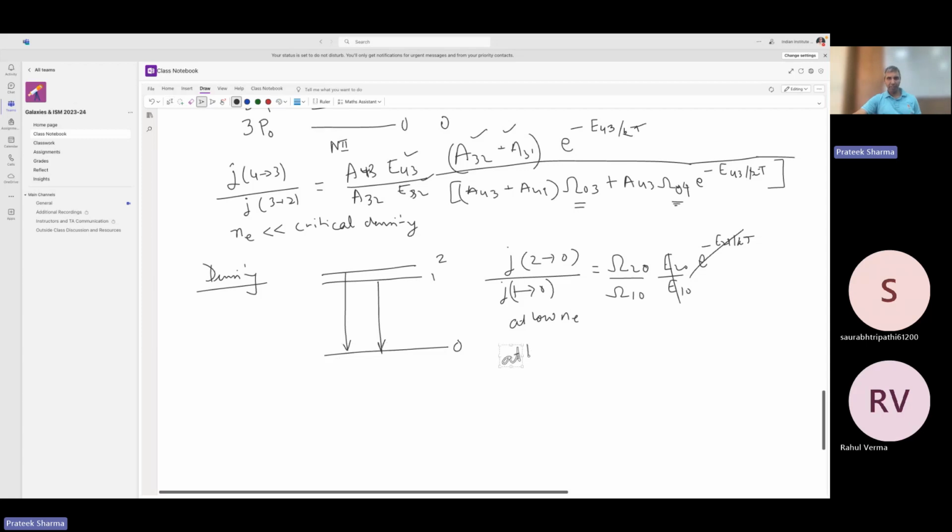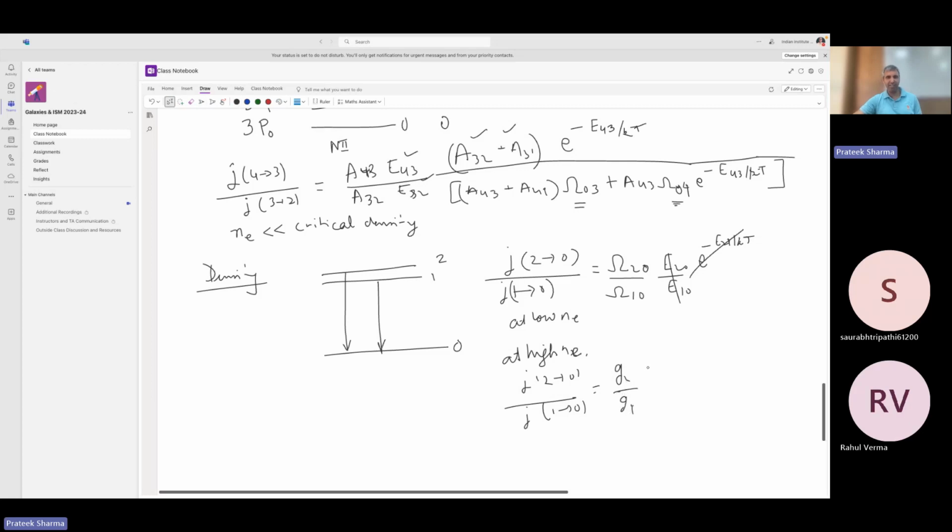At high densities, what happens? J2 to 0 by J1 to 0 is basically G2 by G1. Basically, it's thermalized; these levels are all thermalized.